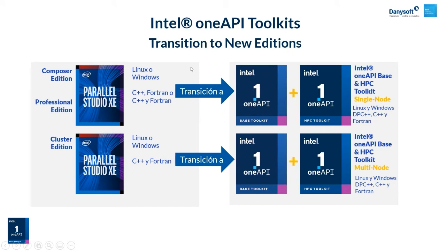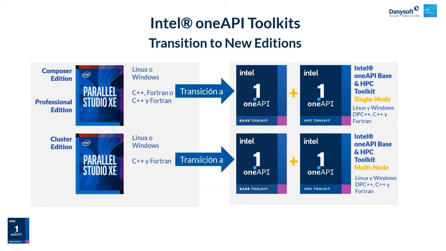How will the transitions to the new editions be? In oneAPI we will have a base toolkit and this HPC toolkit.